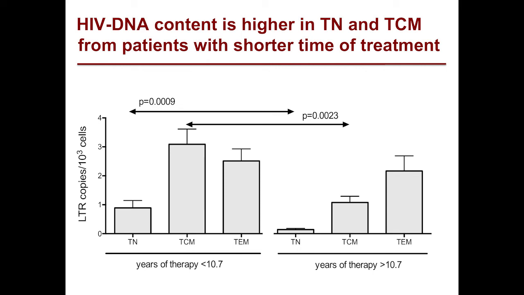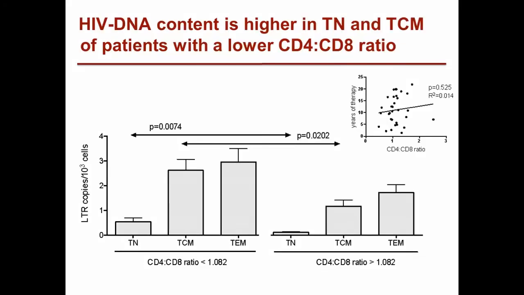So it means that the length of the treatment is very important in order to control the virus within cells. Viral DNA is lower in patients with longer time of treatment. So it means that treatment has to be started as soon as possible.